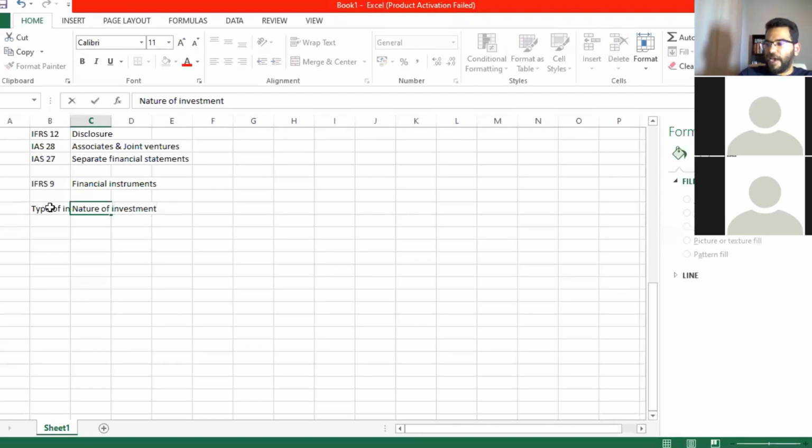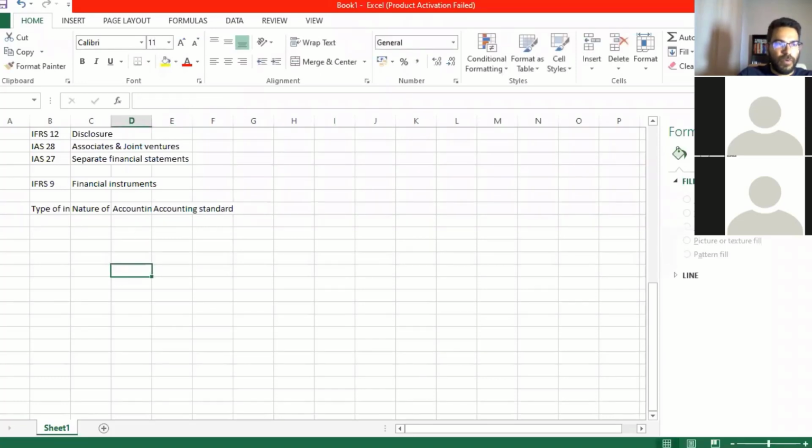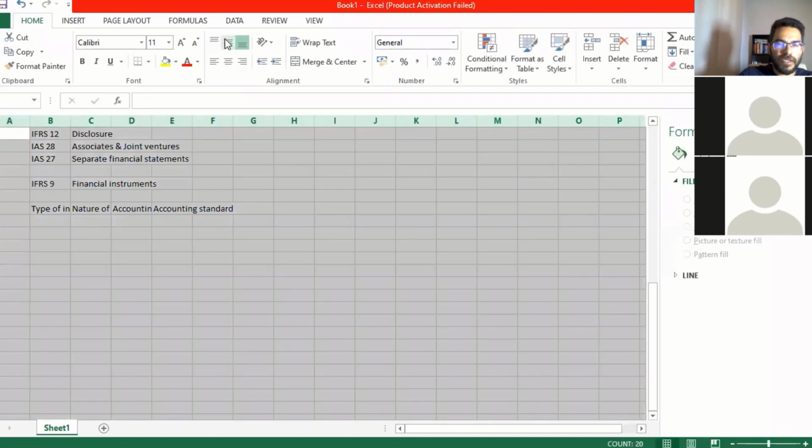And then we would have the accounting treatment. And then we would have the accounting standard. I just want to format this so it's easier to read.